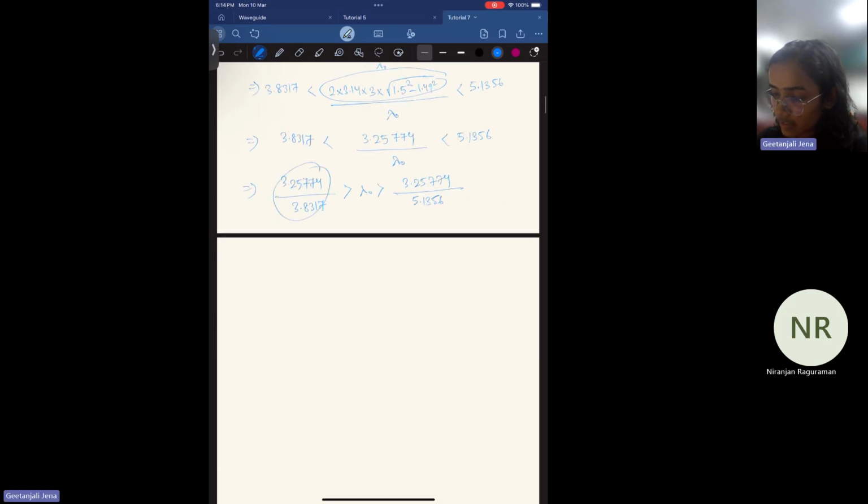So this value will come around 0.8502 micrometer, greater than lambda 0, greater than 0.633 micrometer. So to guide all these modes, we should have a source which has wavelength in between this maxima and minima range.